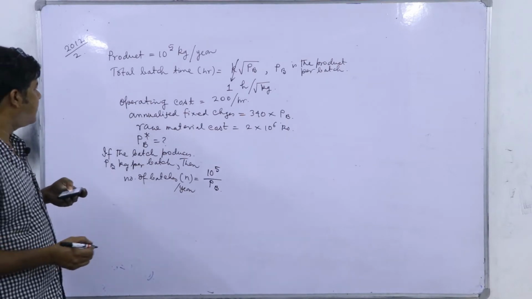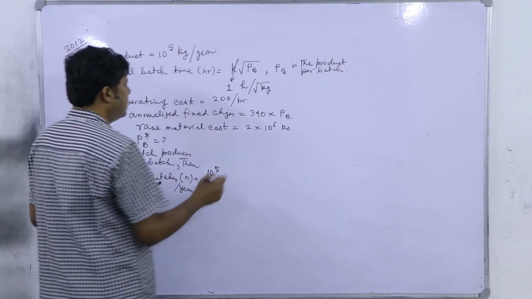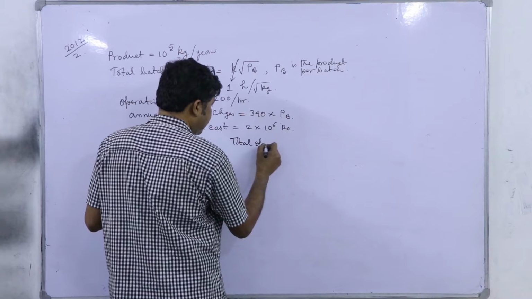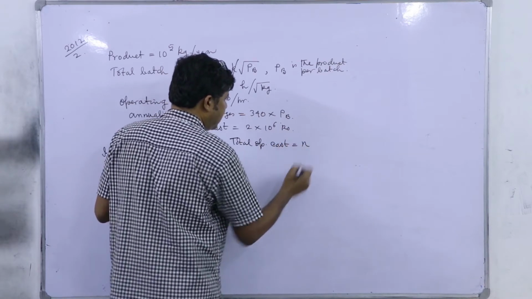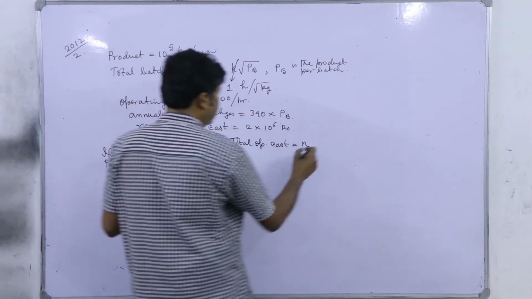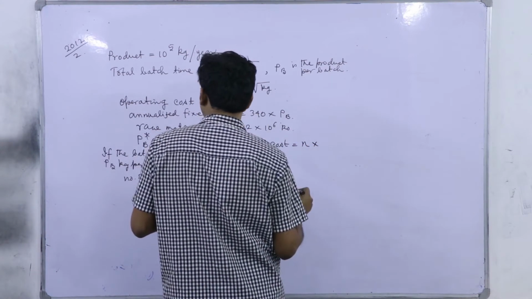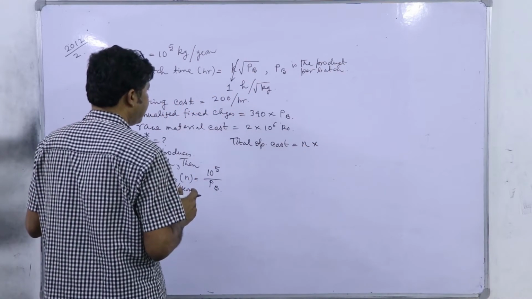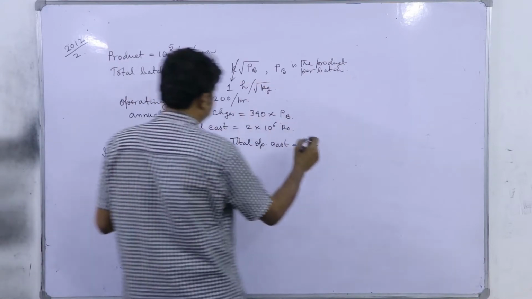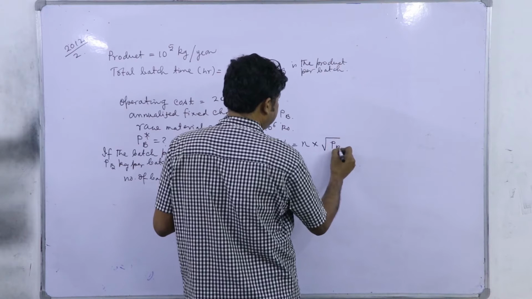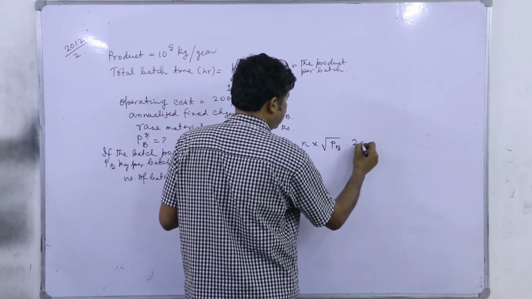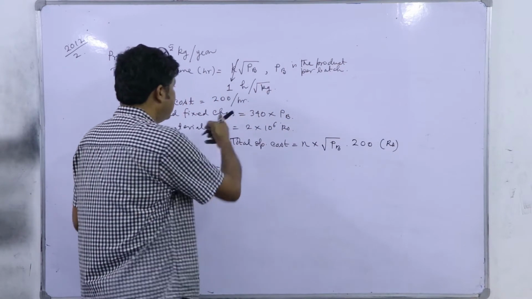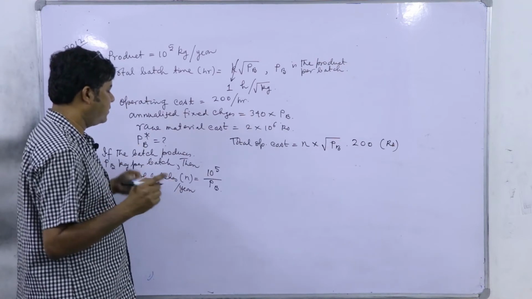So, the total operating cost is N, the number of batches, into the batch time. Total batch time is under root of PB, into 200 in rupees. Annualized fixed charge is given, raw material cost is also given.